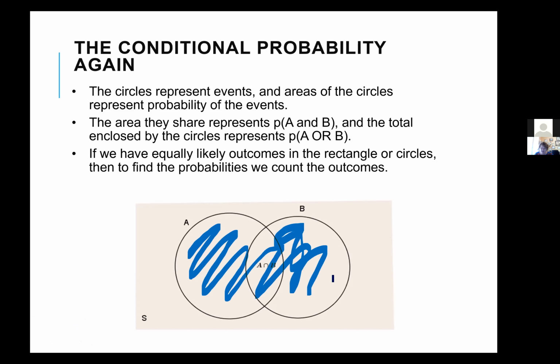So that's A or B. An example would be if I draw one card out of a deck of 52, my events could be getting a heart and getting a queen.